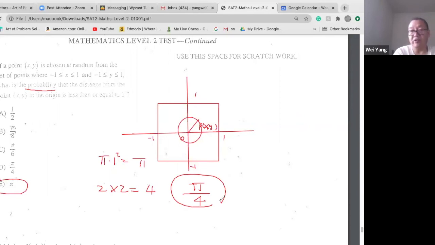Definitely any number greater than 1 or less than or equal to 0 cannot be the answer. The probability is only between 0 and 1. This is the range for probability. When the probability equals 0, that means this event cannot happen, never happens. When the probability equals 1, that means this event will definitely happen.